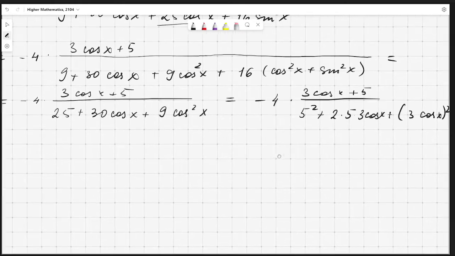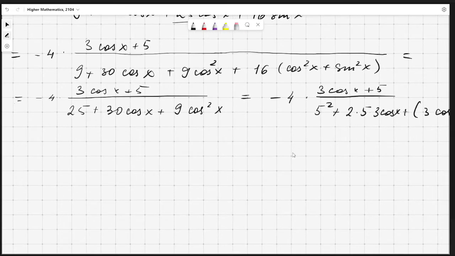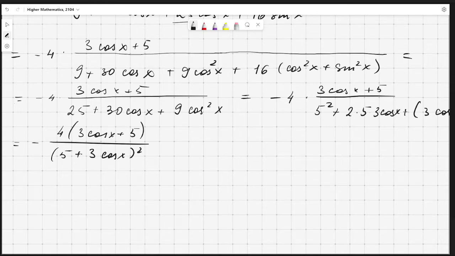And we can see minus 4 times 3 cosine of x plus 5 over 5 plus 3 cosine of x squared.